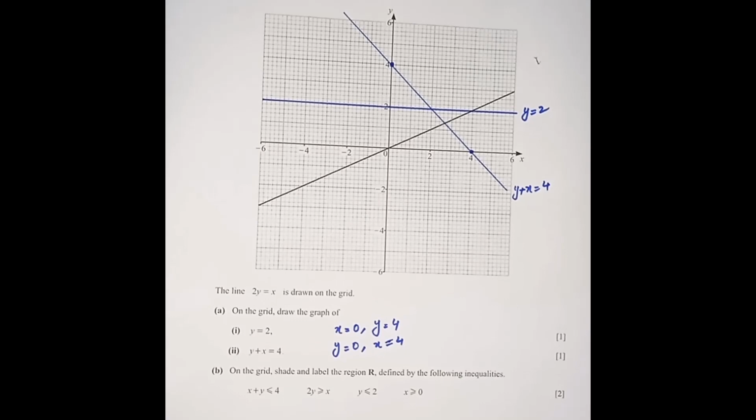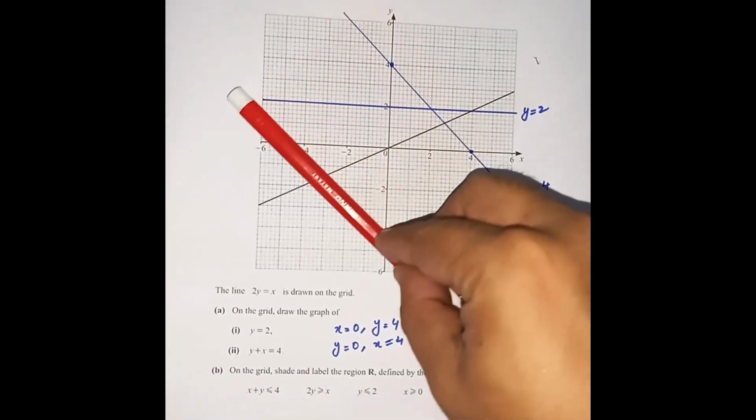Now the part B. On the grid, shade and label the region R defined by the following inequalities. So you have to shade the region with these inequalities. So x plus y is lesser than and equal to 4, means that it should be from here to here, this side.